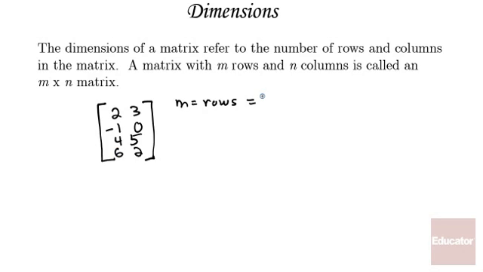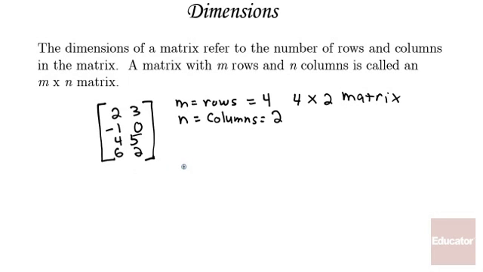I have 4 rows. For this matrix, looking at columns, and we say N here is the number of columns, and I have 1, 2 columns. Therefore, I would call the dimensions of this matrix 4 by 2. This is a 4 by 2 matrix. And this is important because the dimensions often limit what you're able to do, which operations you can perform on a set of matrices.